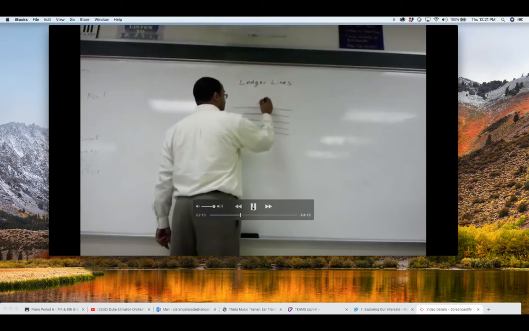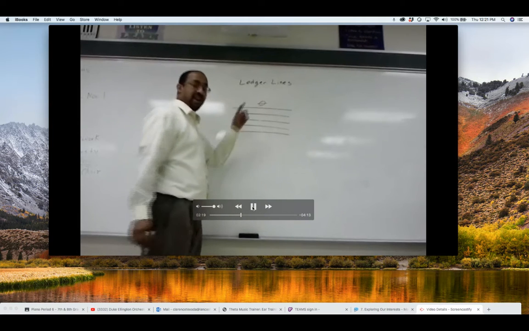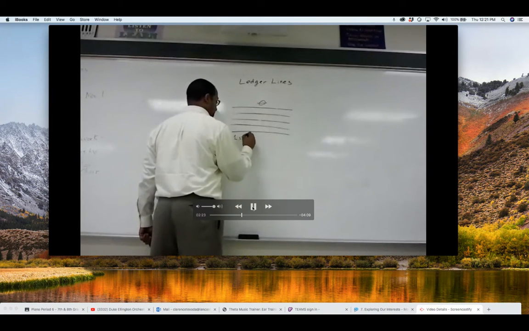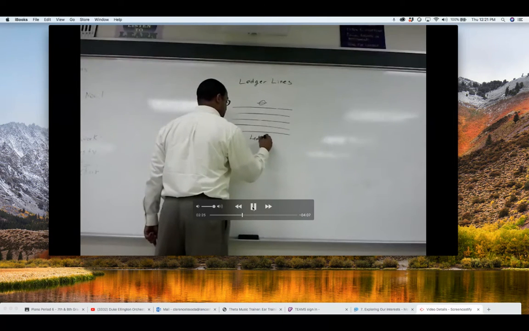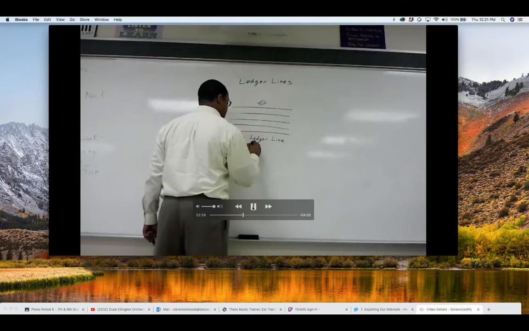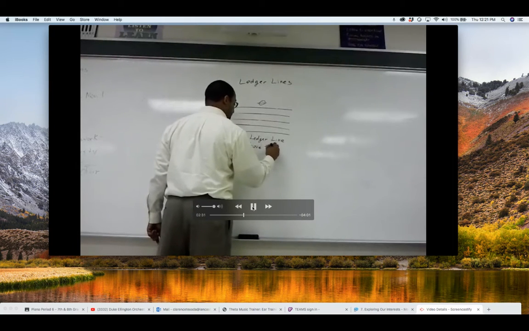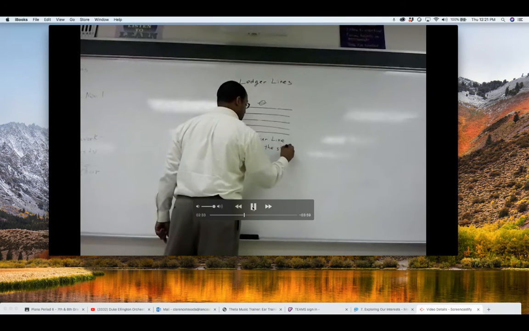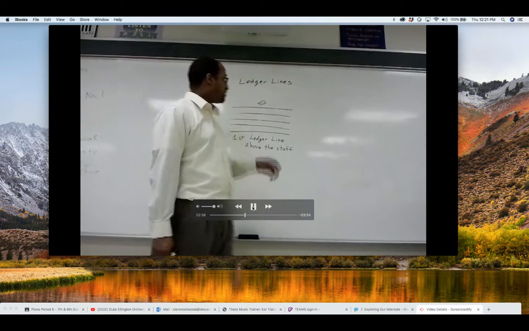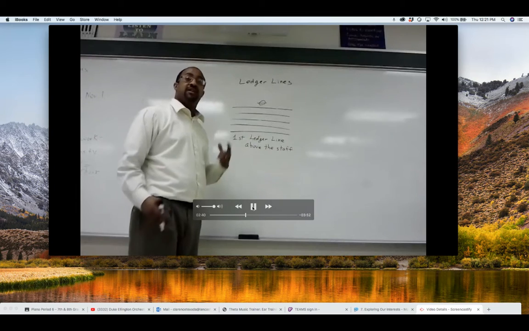If I put a whole note there, the answer for this placement is first ledger line above the staff. Now, I know that's a long answer, but that's actually the answer. First ledger line above the staff.